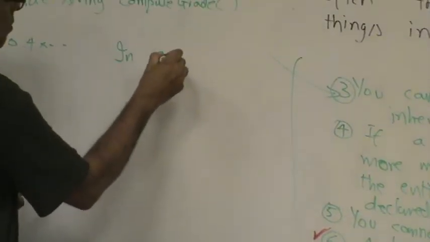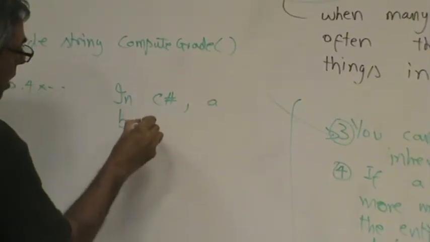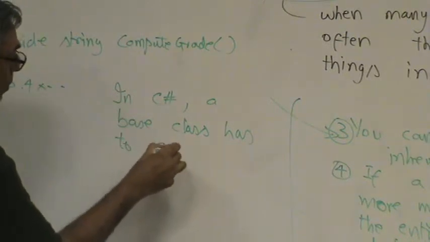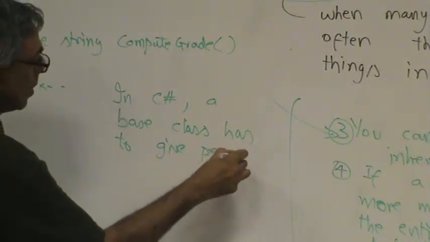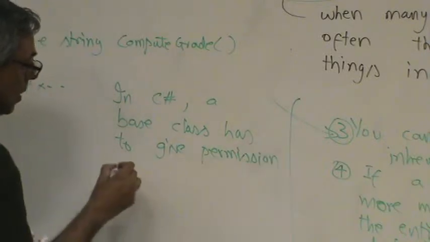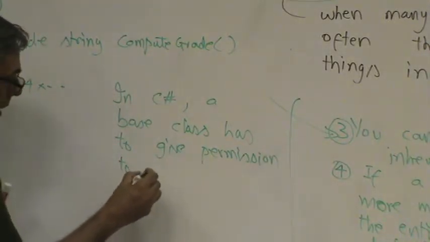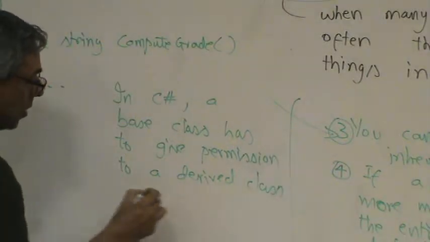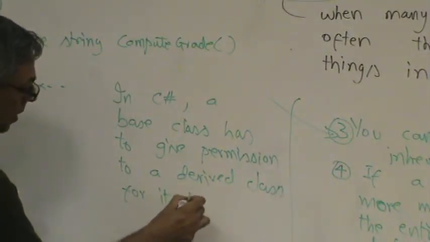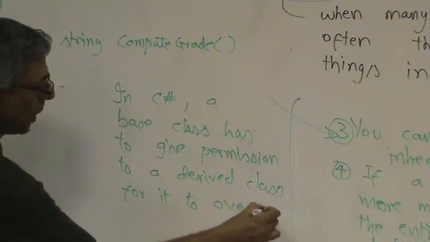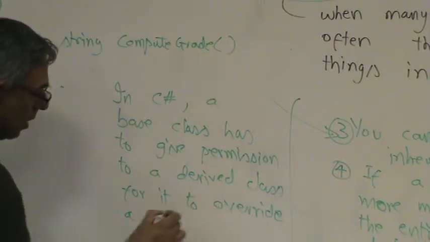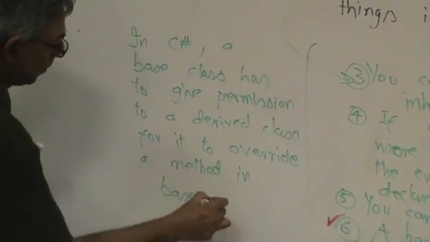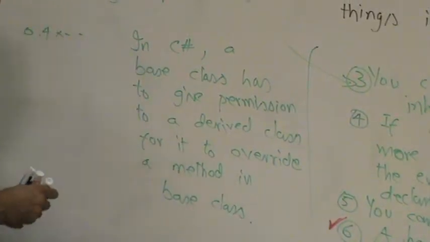So in C#, a base class has to give permission to a derived class for it to override a method in the base class.